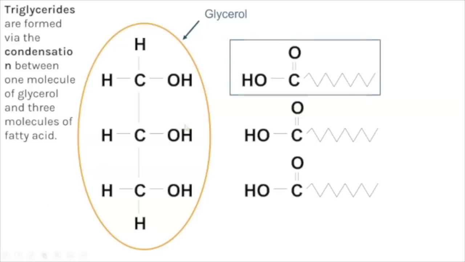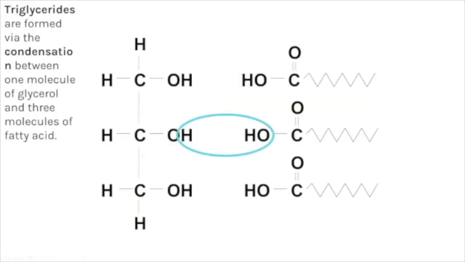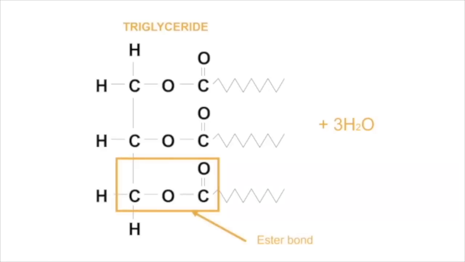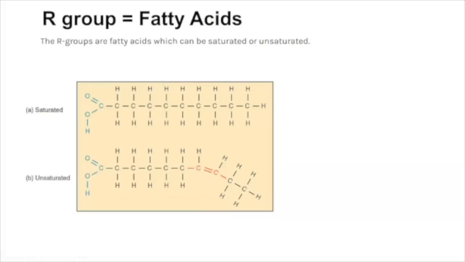So what we have is 1 water molecule is lost between each of the fatty acids and the part of the glycerol it's attaching to. So in total, that means we have 3 water molecules lost and 3 condensation reactions occurred. And the bond that forms is called an ester bond, and we have 3 ester bonds. So that is the structure of a triglyceride.